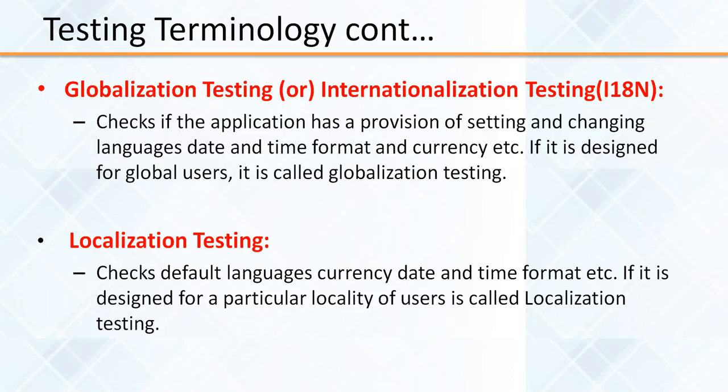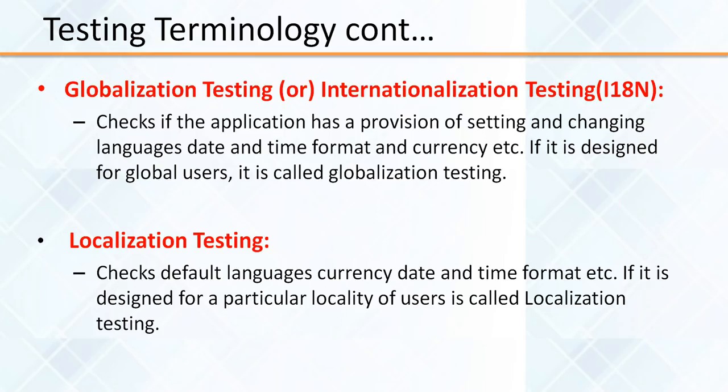Suppose you go for online applications like PayPal and all, those applications will support all the languages. That means all the countries in the world, the people will use it, right? So it should support multiple languages, Chinese, Japanese, English, UK, all the countries. So if any application is supporting multiple languages, then we need to test that application.